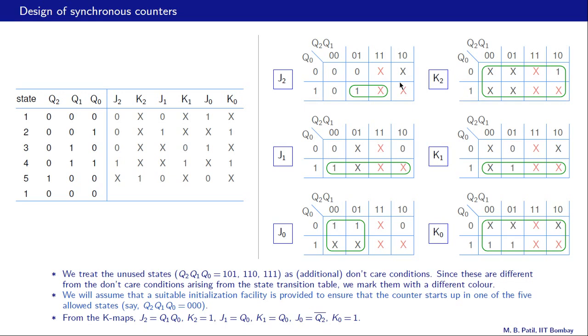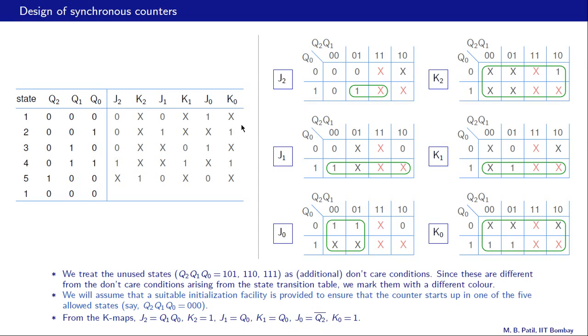Now these other combinations, these three, do not occur in the state transition table, and therefore J2 is X over there. We don't care what J2 is. And similarly all other variables, and so on. Now these three X's have been marked in a different color just to distinguish them from these other X's which come from this table.